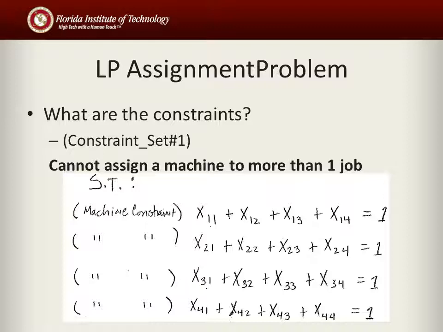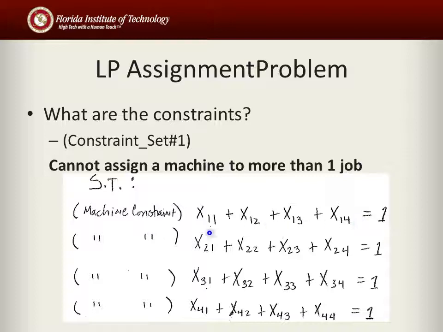Now, if you leave the formulation like this, notice that you are not constraining the number of machines that are working the same job. For example, in constraint number 1, say that x11 is set to 1. That means machine number 1 is assigned to job number 1, and all of these other variables are going to be set to 0.